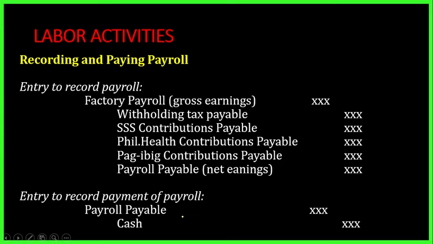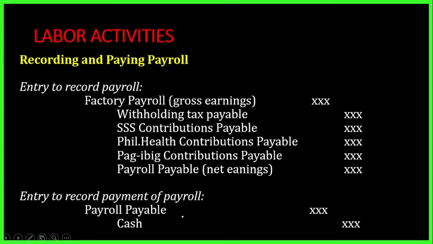Debit your gross earnings, and then you have to credit your cash if there are no deductions, or payroll payable if there are no deductions. But if you have deductions, you credit your withholding taxes payable, okay, SSS contributions payable, PhilHealth contributions payable, Pag-ibig or HDMF contributions payable, and of course you have your payroll payable.